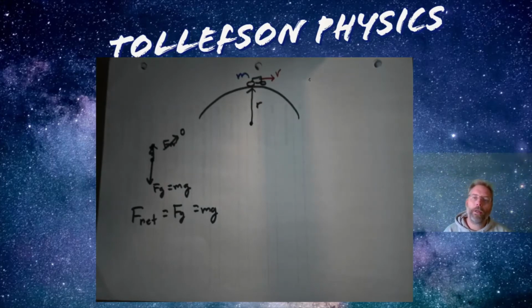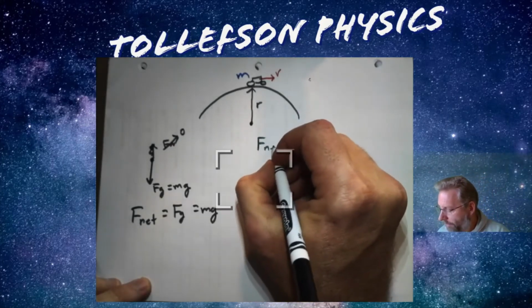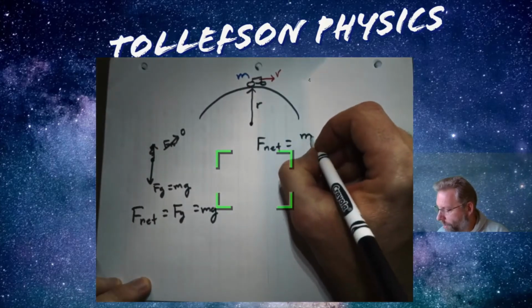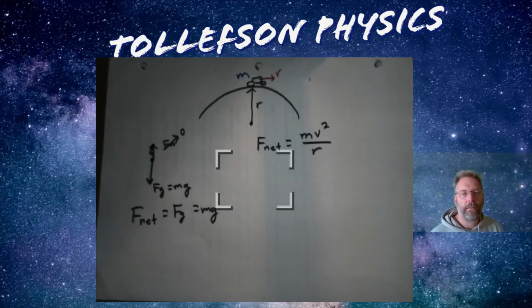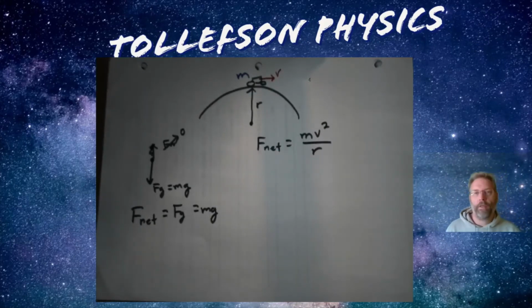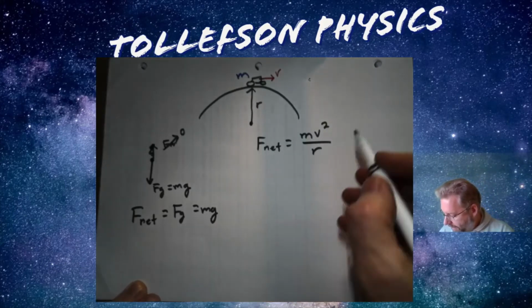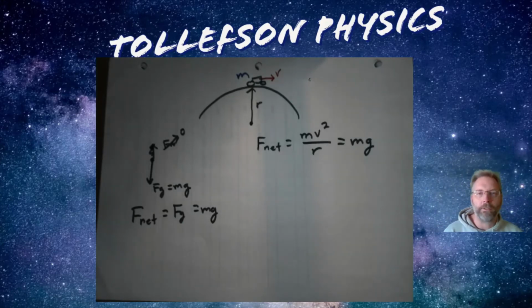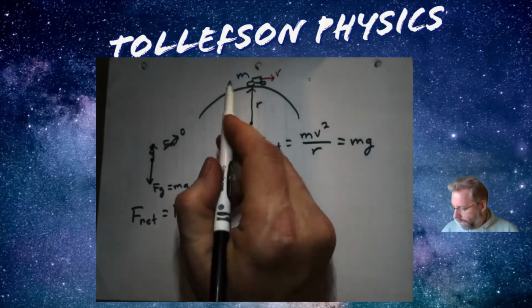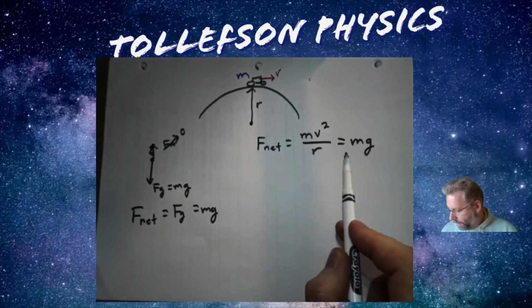How are we going to apply that to the question of how fast I need to go to launch off of there? Don't forget that the net force, when you're dealing with circular motion, is related to the mass times the velocity squared over the radius of the hill. This is a net force and that is a net force, so I can set them equal to each other. It turns out I don't need the mass.